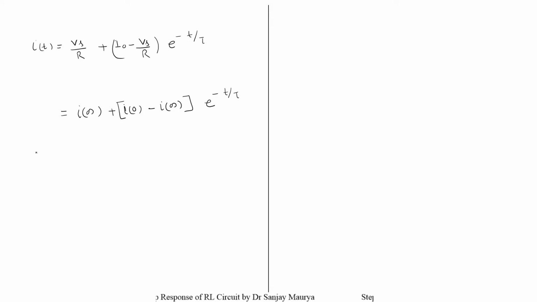Let's say the initial current I naught is equal to 0. In such a case, the current across the inductor will be given like this way, and this is the value of the current after infinite time, Vs by R, and this is the time t axis.